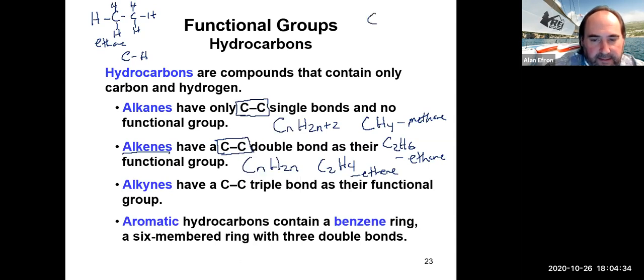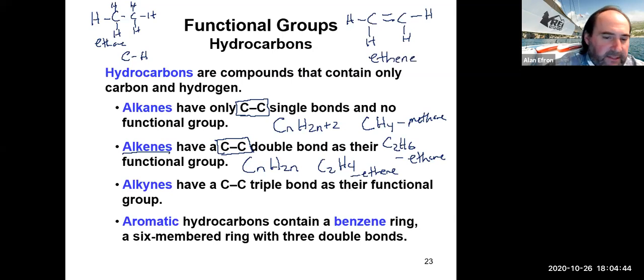Ethene looks like this, and it's got a carbon-carbon double bond. And you'll also notice a couple of things. The ethane over here, A-N-E, has 6 hydrogens, but to make that double bond, we had to lose 2 hydrogens. So that's why we only have 4 hydrogens in ethene.